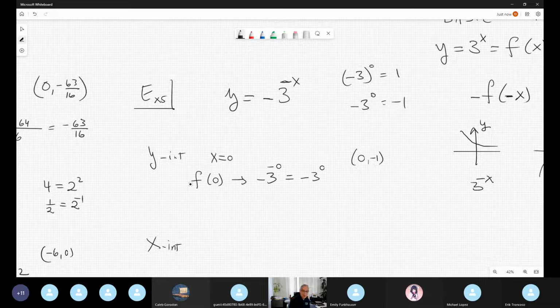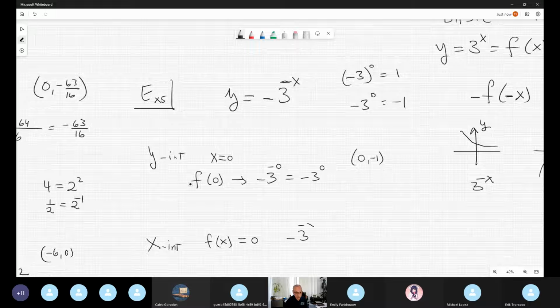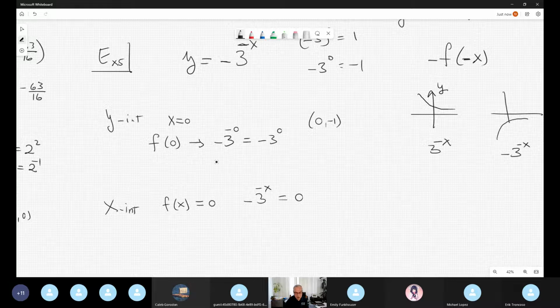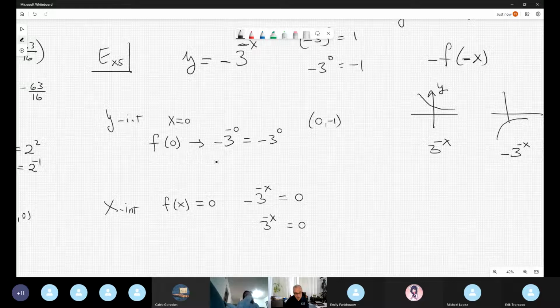Okay. Now the x-intercept is different. You evaluate the function at 0. Now it's minus 3 raised to the minus x equals 0. Well, you divide by negative 1 both sides. So it is equivalent to say 3 to the minus x equals 0. 0 has no sign, you know. Now, you remember that this exponential is like that.